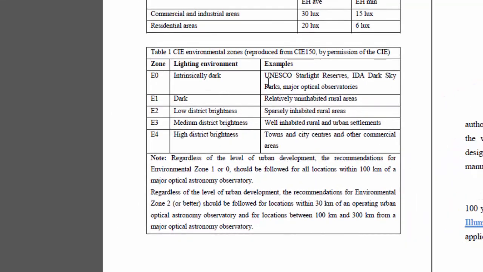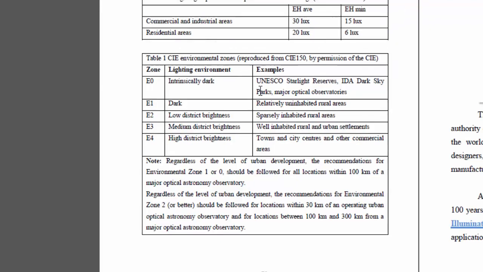It's part of the UNESCO Starlight Reserve or IDA Dark Sky Parks. But if your location is in zone E3, which is for medium district brightness, then you can light up something. So check your zoning first before you proceed with your landscape lighting design.